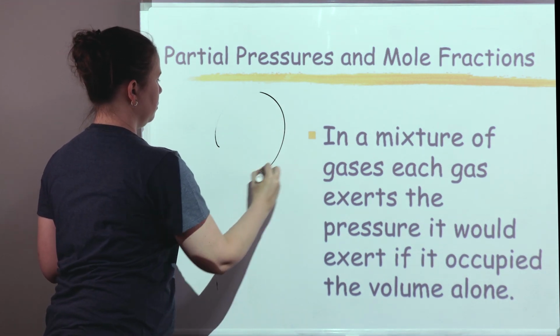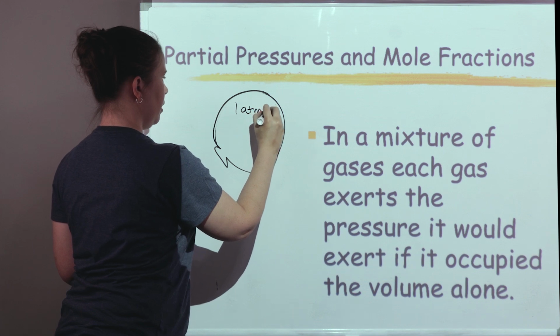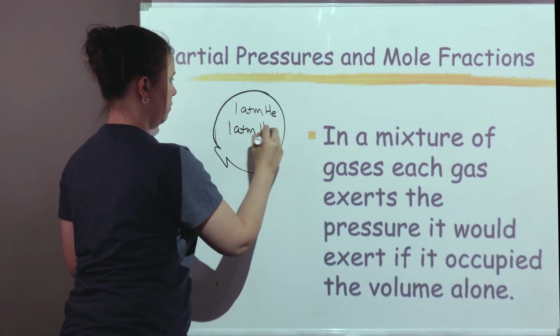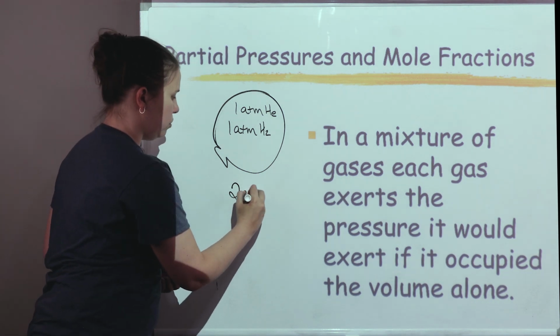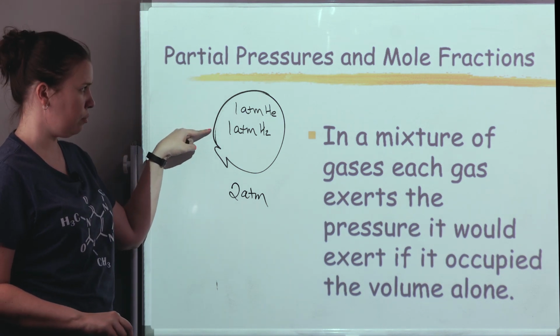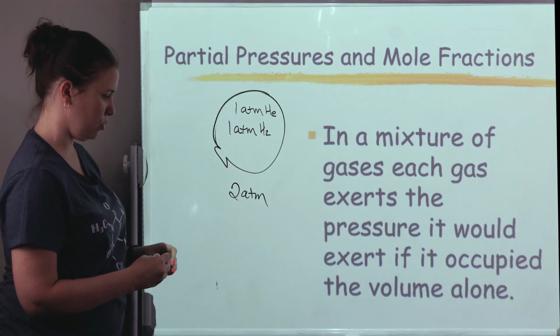If I have a balloon, and in that balloon I have 1 atm of helium gas and 1 atm of hydrogen gas, all together I have a total of 2 atm. The parts that are pressure, the helium and the hydrogen's part, add up to the total pressure of 2 atm.